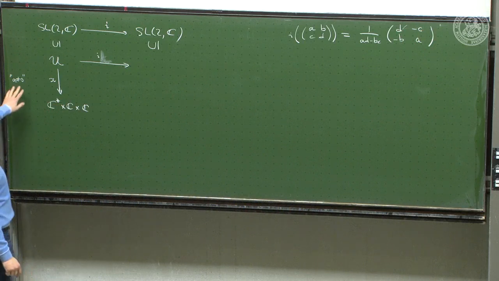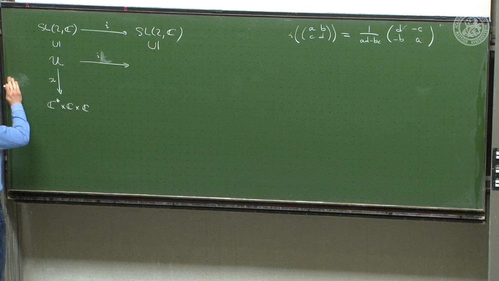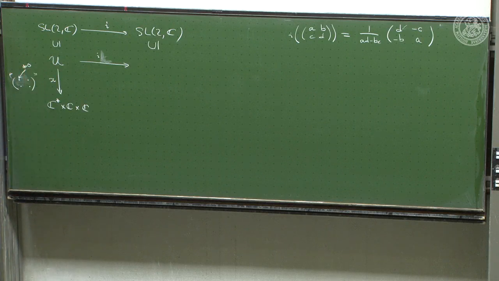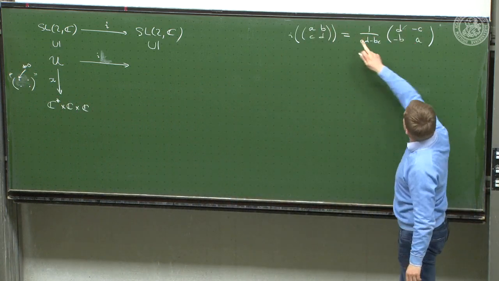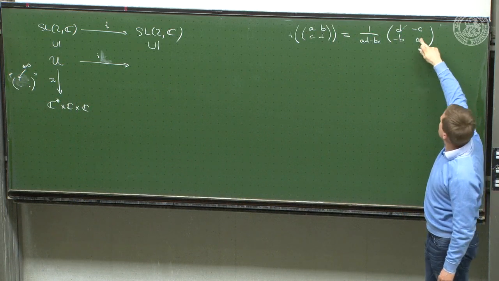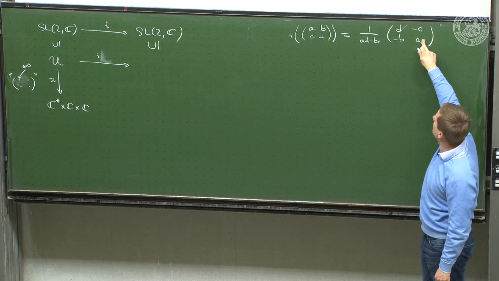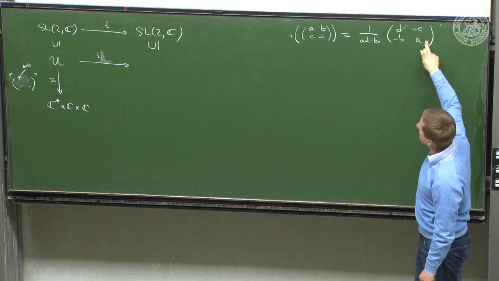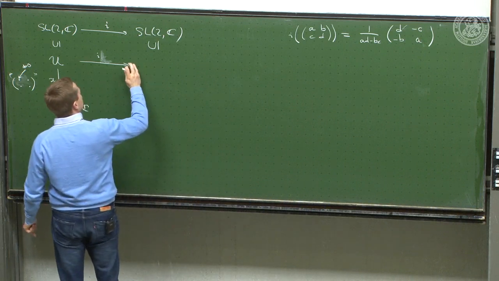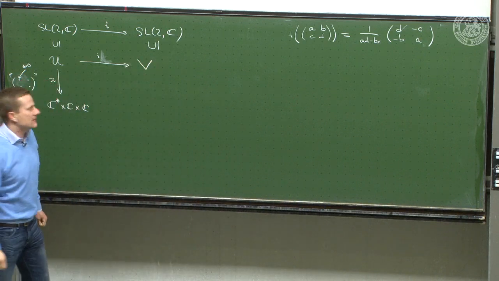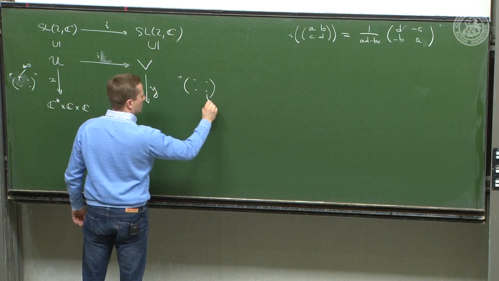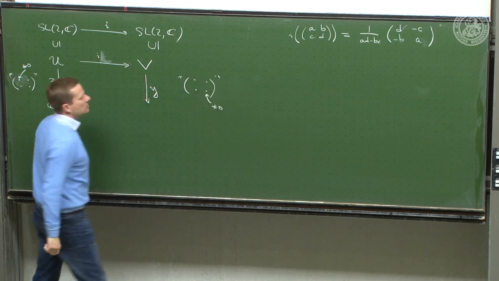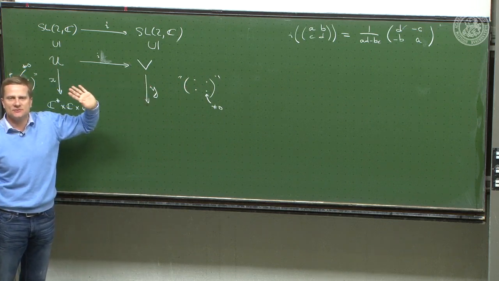And now you see, if you start in the U chart where the entry here is non-zero, you take this ABCD and you map it to here, but now you see in the result you only know the A is non-zero, but that's now this lower right entry, and we had this chart which we didn't need necessarily at the time, but which I called V. That was the chart that came with the chart map Y, and that was the one where this guy here was allowed to be non-zero, and that's of course exactly what you get as the image.